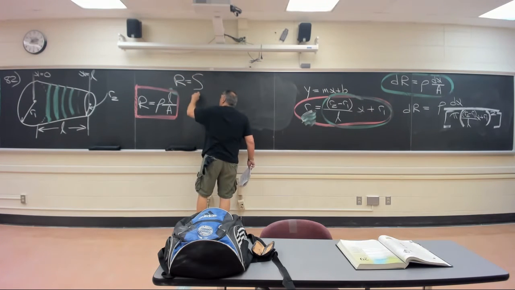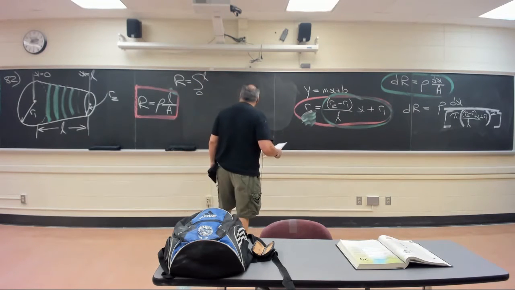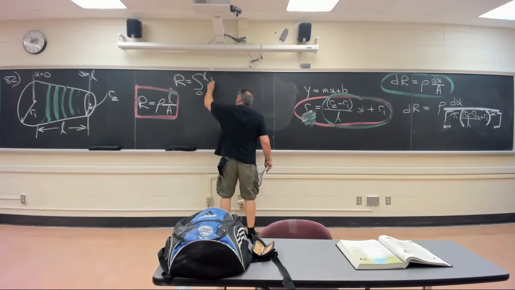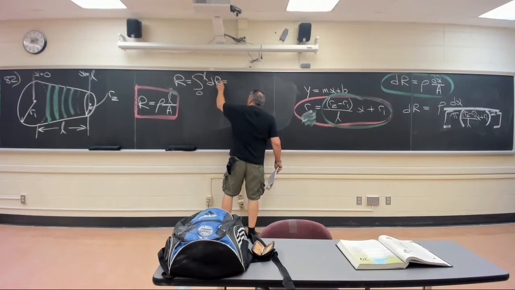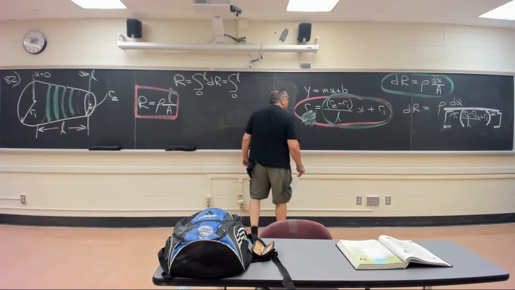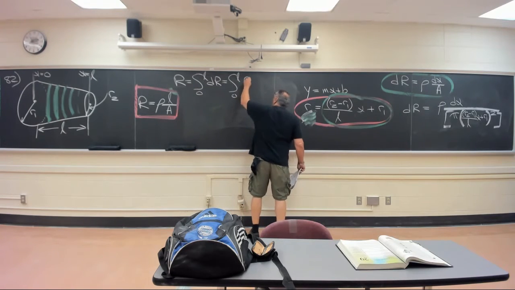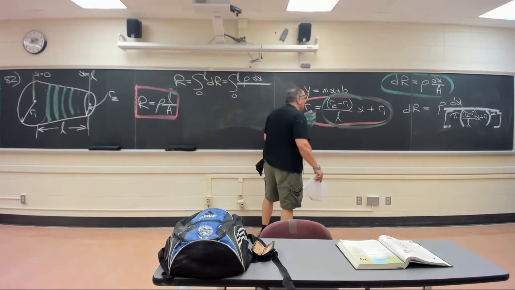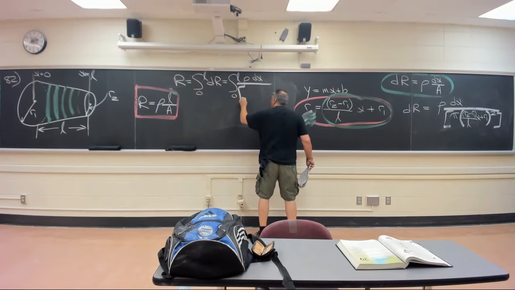the r is going to be the integral from 0 to L dr. It's going to be the integral from 0 to L rho dx, as we said here, guys.